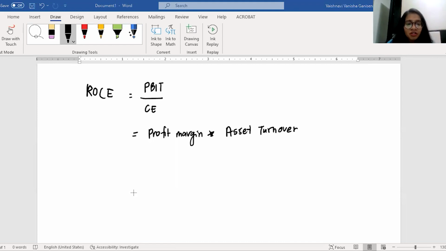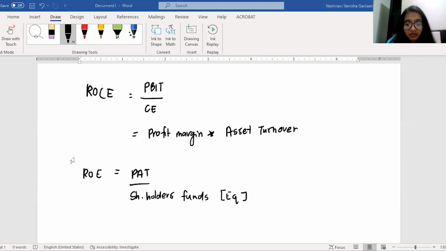Now, moving on, ROE. So how do I calculate ROE? ROE is equal to PAT over shareholders' funds. Now, what does shareholders' funds mean? Actually, it is just equity. So you just need to take PAT over total equity, right?